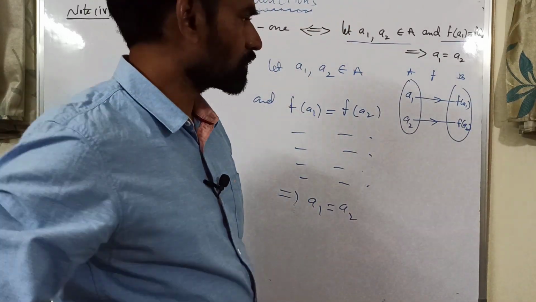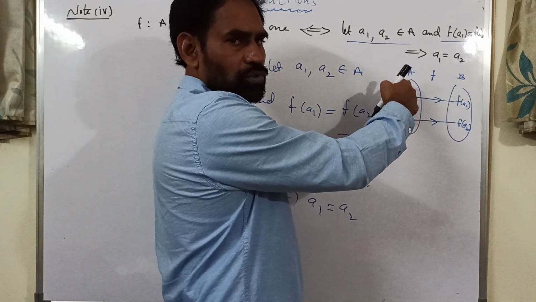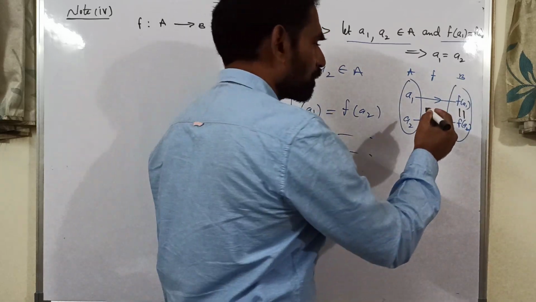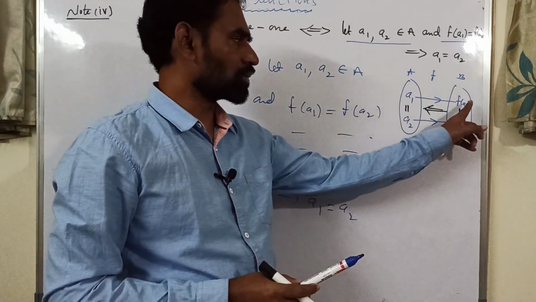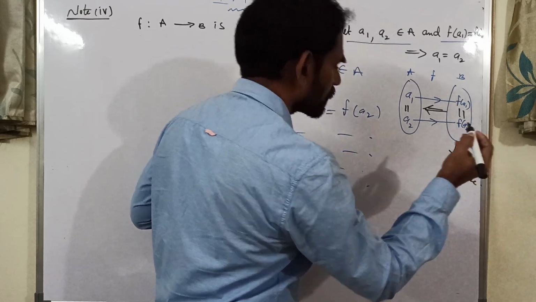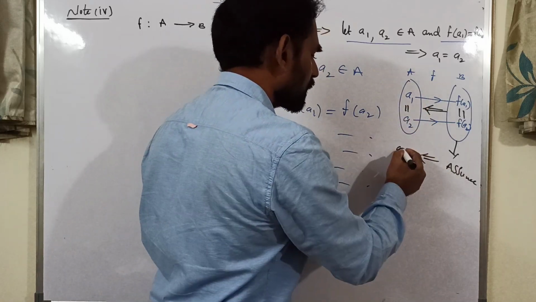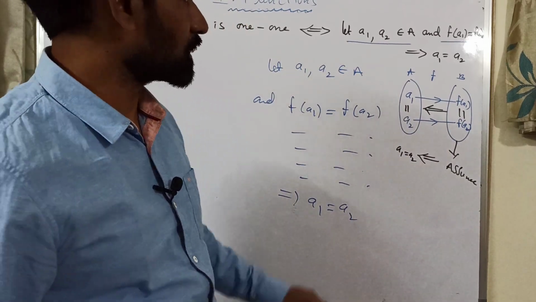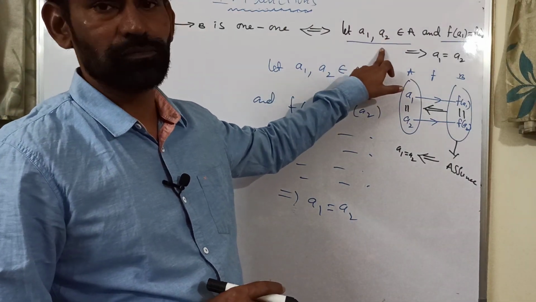First we select two elements in the domain, A1, A2 belonging to A. We assume that the images are equal; if you prove A1 equals A2, then f is a one-one function. This is theoretically how to show it. Without a diagram we can prove using this formula.